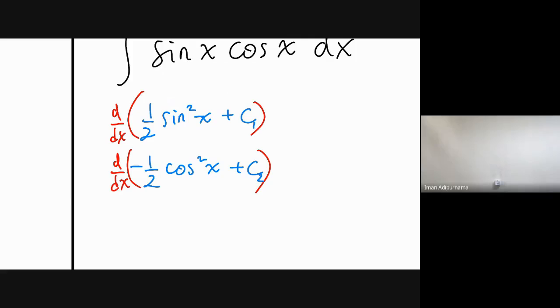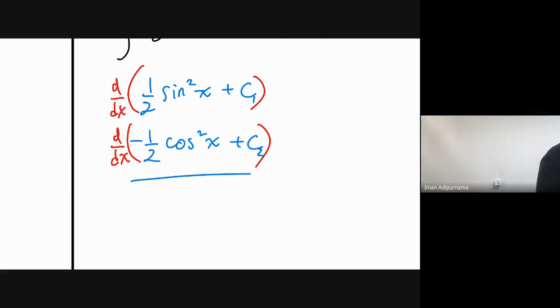Okay, if you're trying to subtract both functions, let's subtract half sine squared minus half cos squared. It's half, right? Sine squared plus cos squared is 1, so it's half. So half plus C1 plus C2.